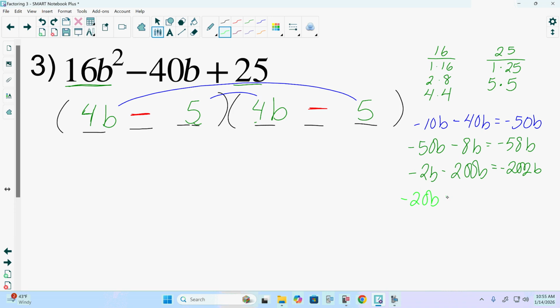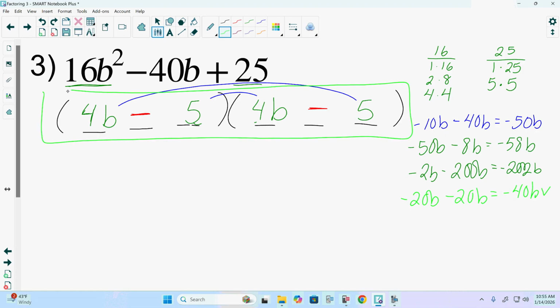Negative 5 times 4b would also be negative 20b, telling us that the middle term is negative 40b, which is the one that we wanted. Telling us that the factors for this here are 4b minus 5 and 4b minus 5.